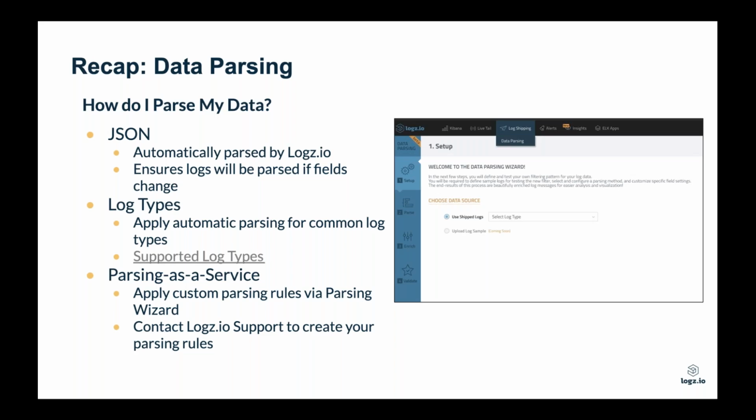We can apply the specific field value pairs that you've asked us to, and we will do that for you. The channel that you'll contact in order to accomplish that is support. If you want to parse on your own, as you can see here on the right in the image, we also have a data parsing wizard that you can go through in order to accomplish this on your own.